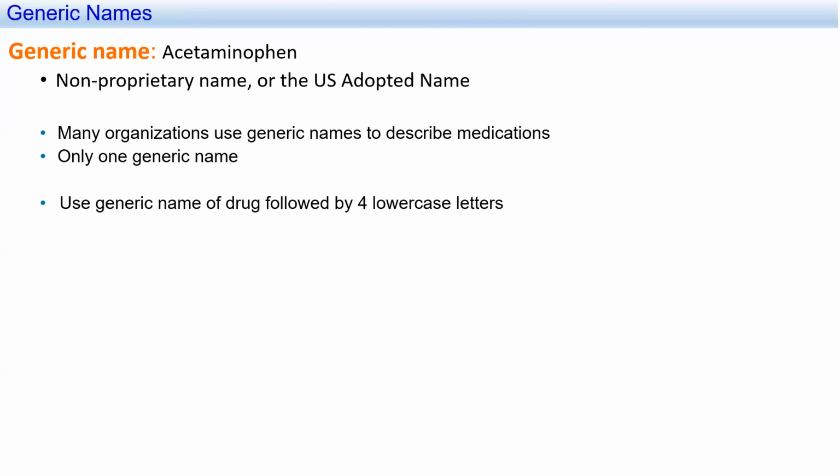So many organizations use generic names to describe medications. Only one generic name. You'll find there are too many trade names because each company will give the generic name a different trade or brand name.